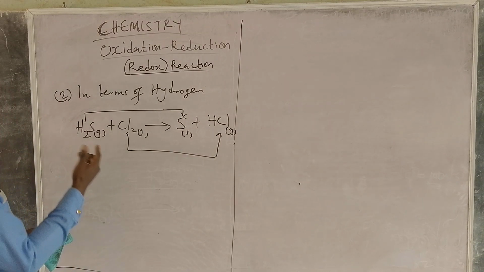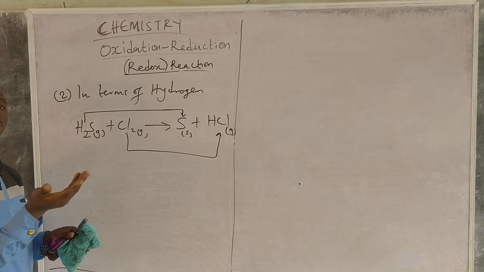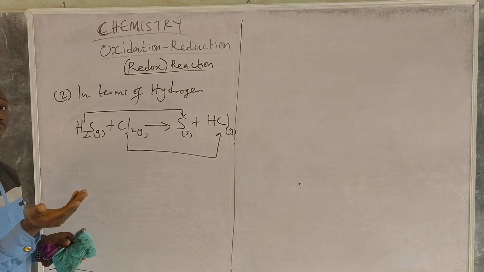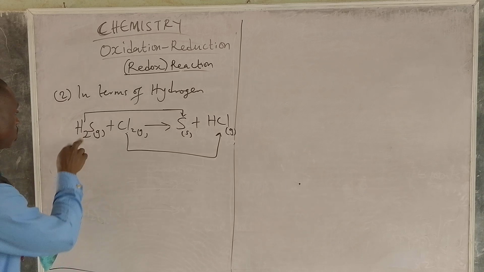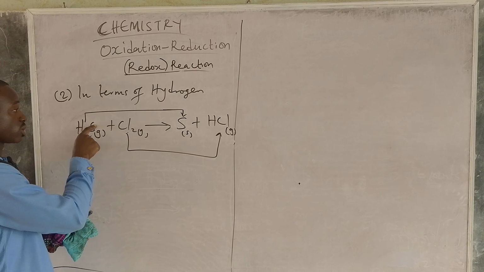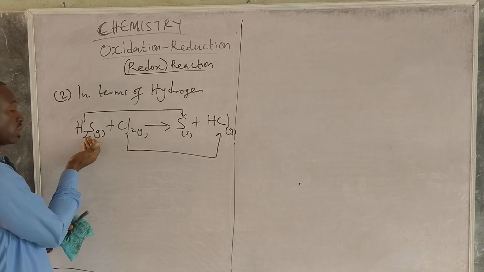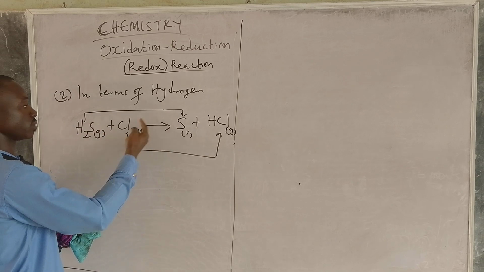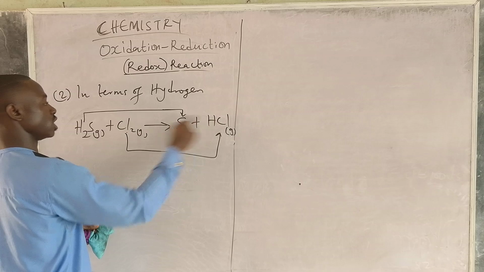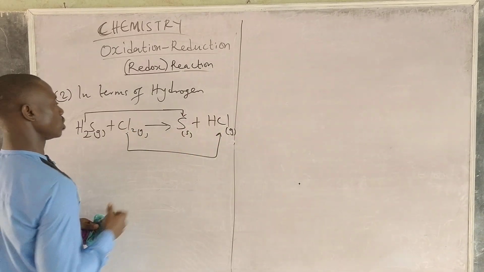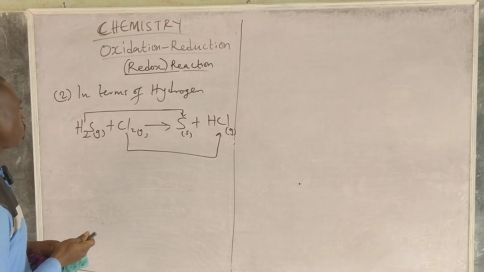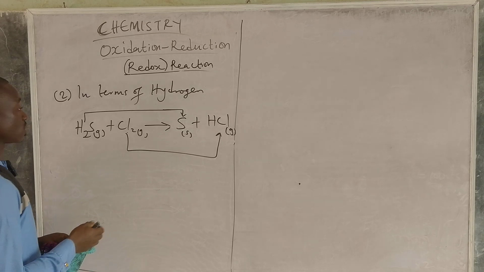We are talking in terms of hydrogen now. Which one is hydrogen being removed from and which one is hydrogen added to? So we know that hydrogen is removed from H2S to give ordinary sulfur. Then from chlorine to HCl, it means hydrogen has been added to chlorine. So which one is oxidation and which one is reduction according to this equation?